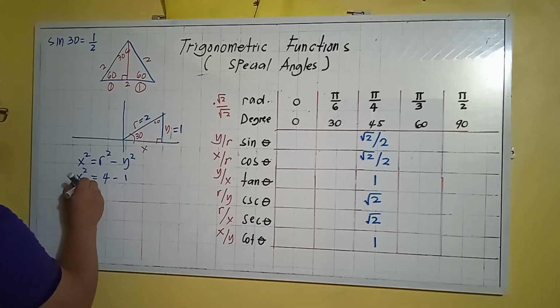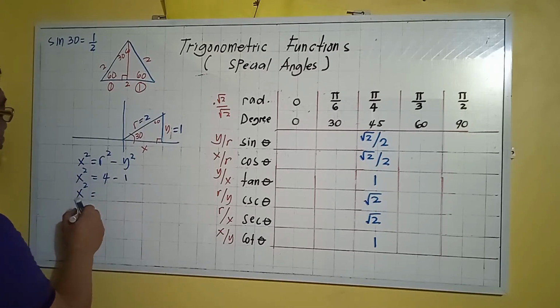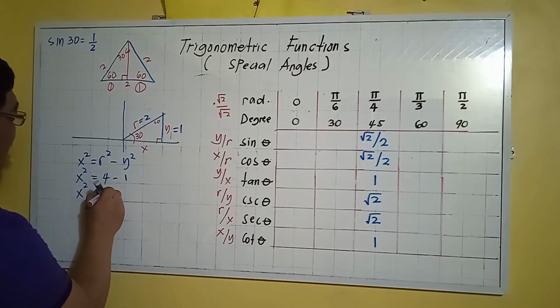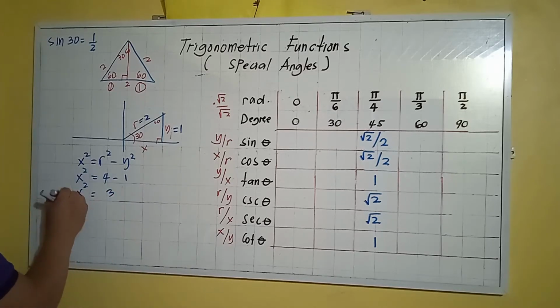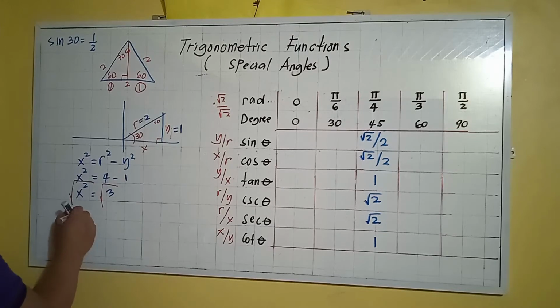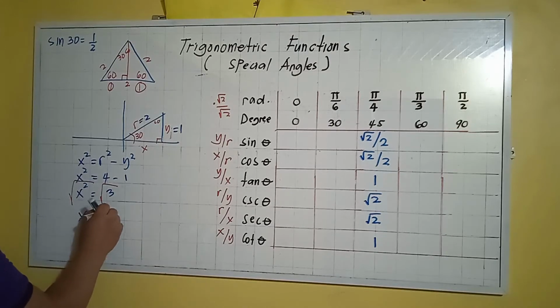So we have x squared is equals to 4 minus 1. We have 3. And then square root, kabila, square root. Magkakaroon na tayong x is equals square root of 3.